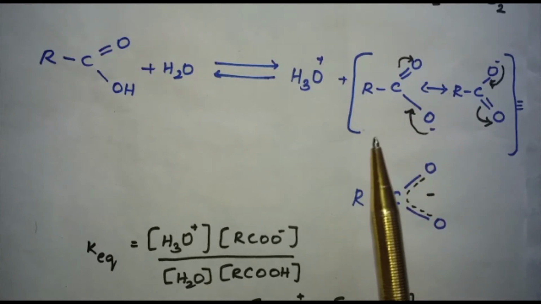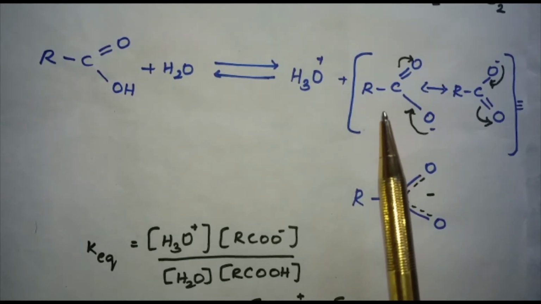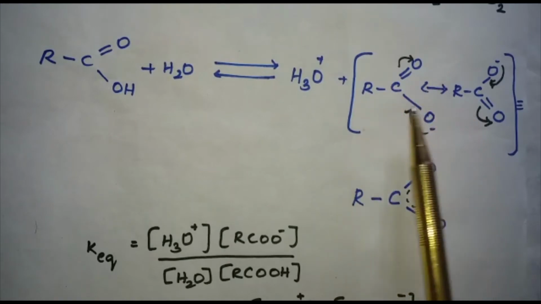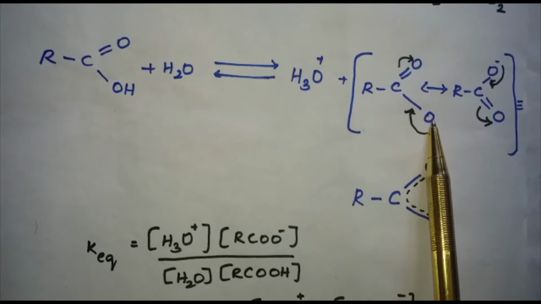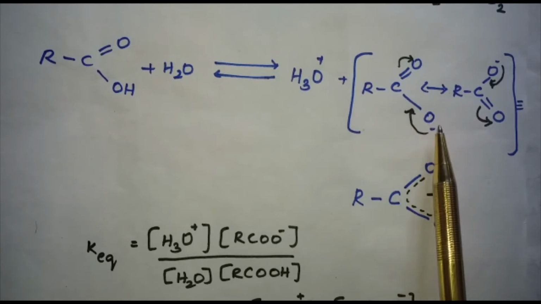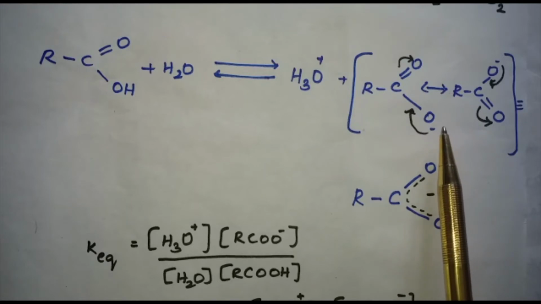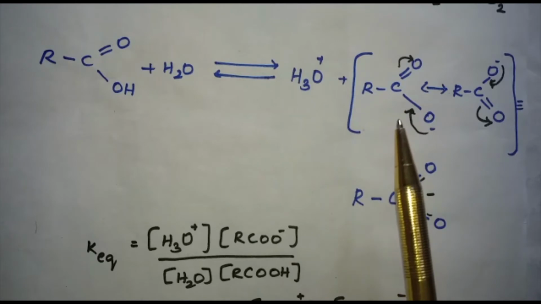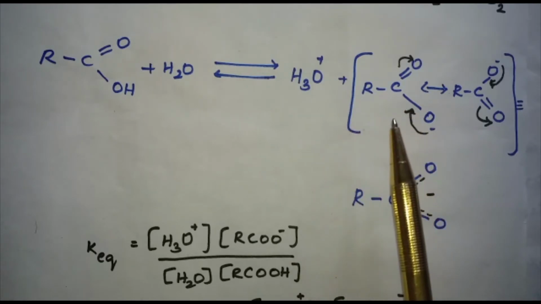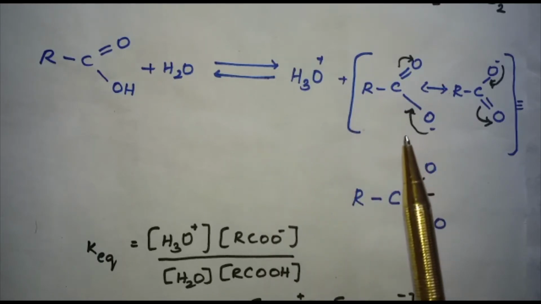If you see the two resonance structures, the negative charge is found more on the electronegative oxygen atom. The conjugate base of phenol, the phenoxide ion, C6H5O minus, has non-equivalent resonance structures in which the negative charge is at the less electronegative carbon atom.